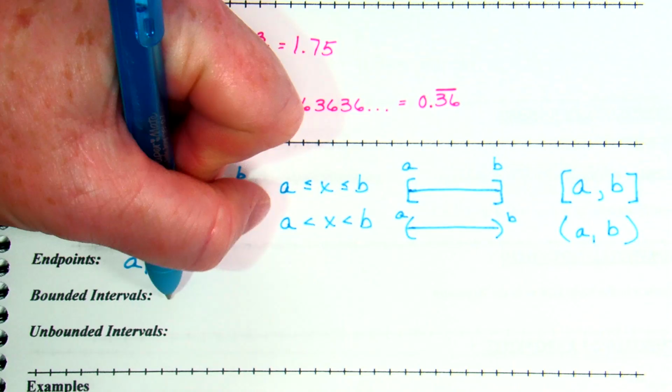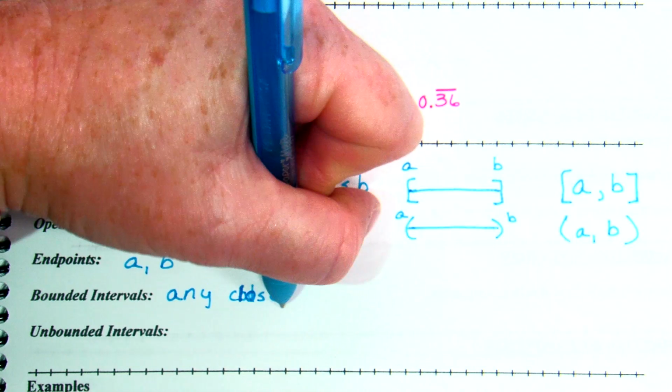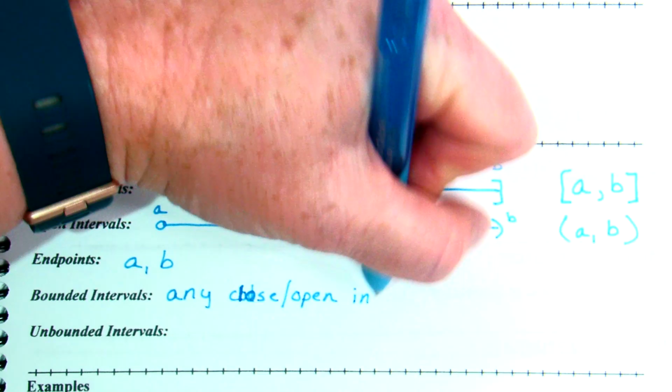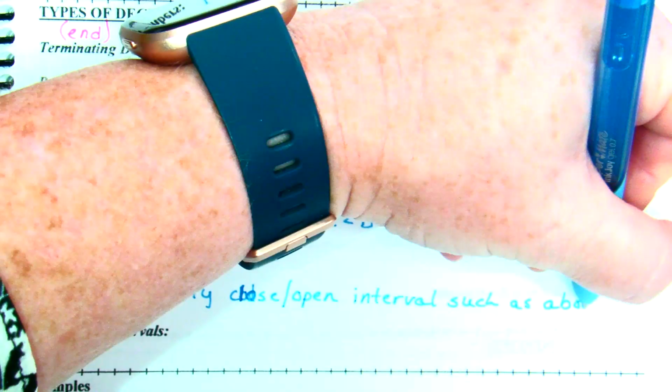So for a bounded interval, I'm going to say any closed or open interval such as above. Okay, so such as the ones we just talked about.